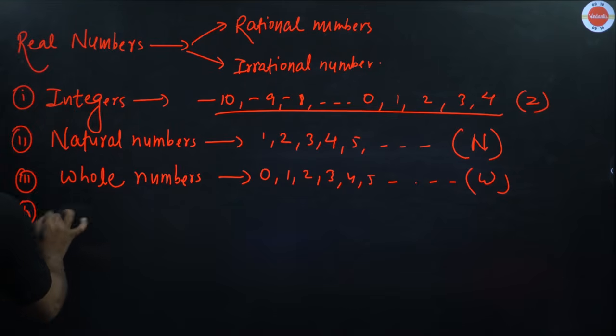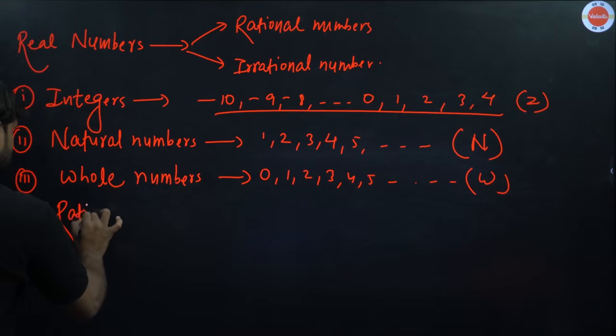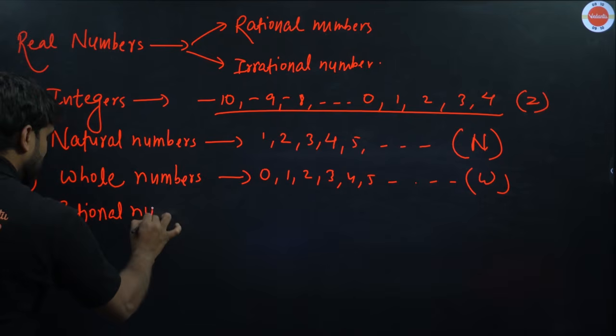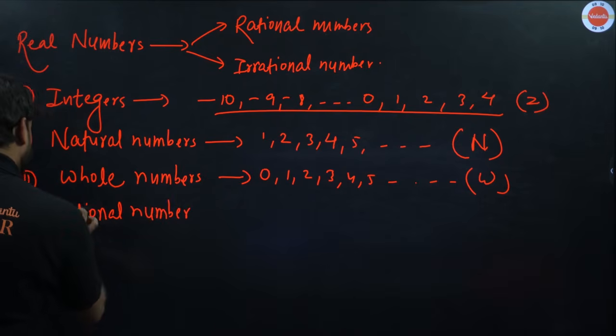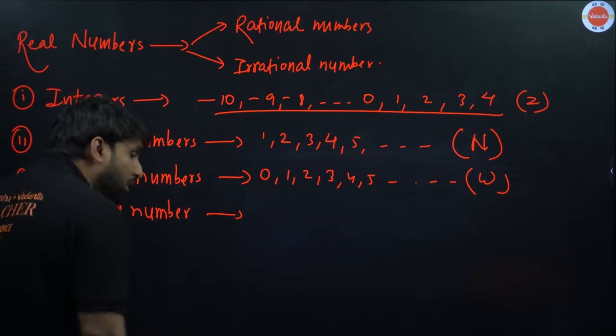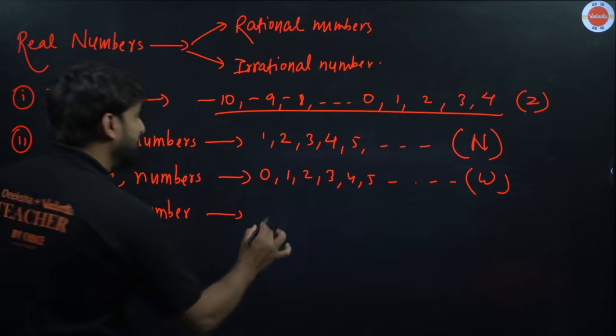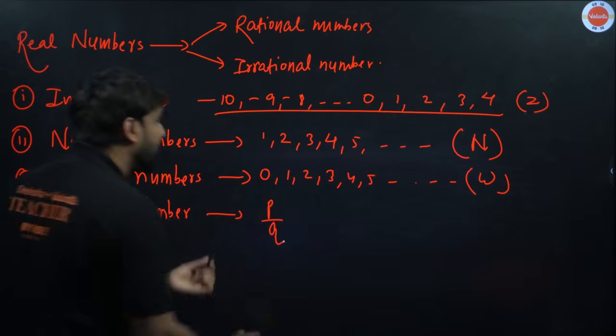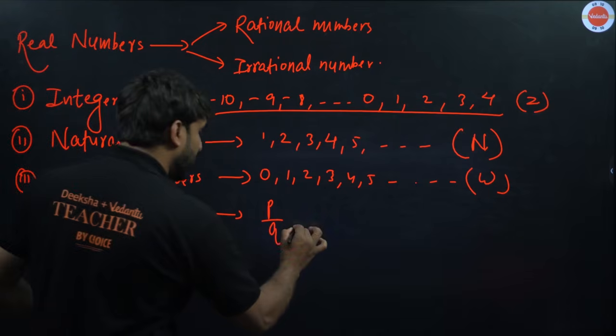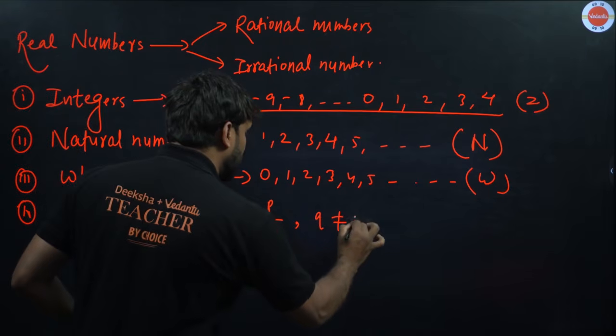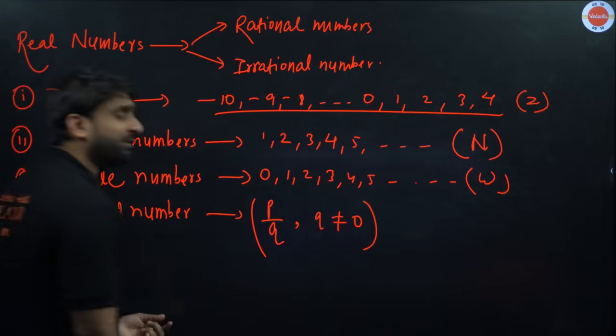Now the fourth point is rational numbers. The rational numbers are all those numbers which can be represented in the form of p by q, where q should not be equal to 0. This is the format of a rational number.